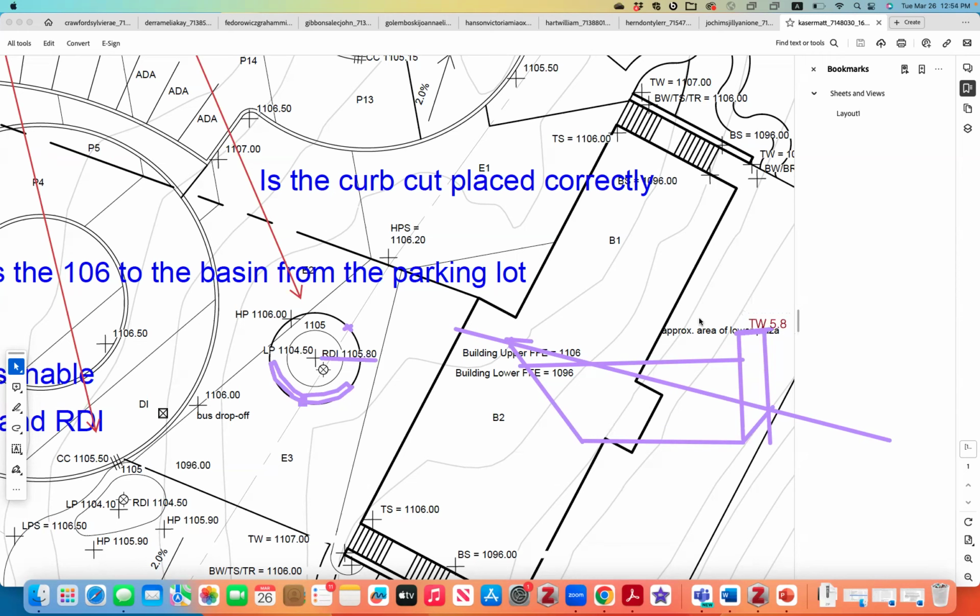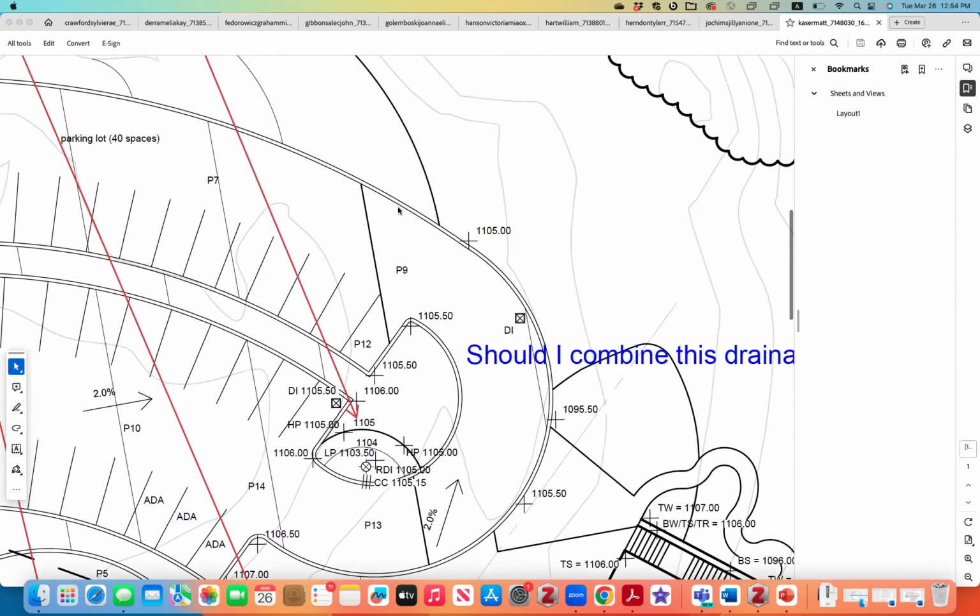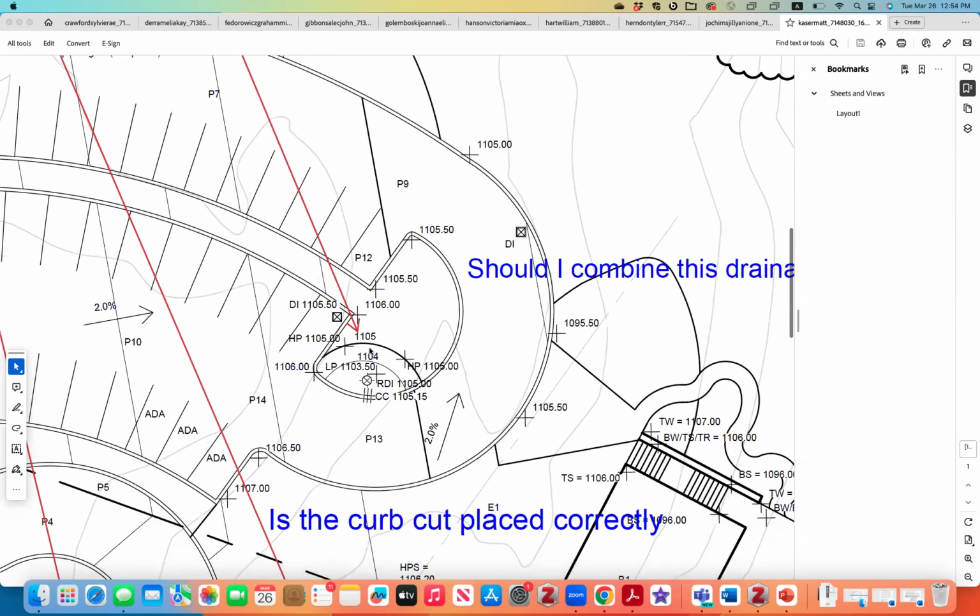What would the HPs look like for the one in the parking lot? The one we were looking at before? Yeah. Okay, let me clear here. Well, the HP here, you have it correct.